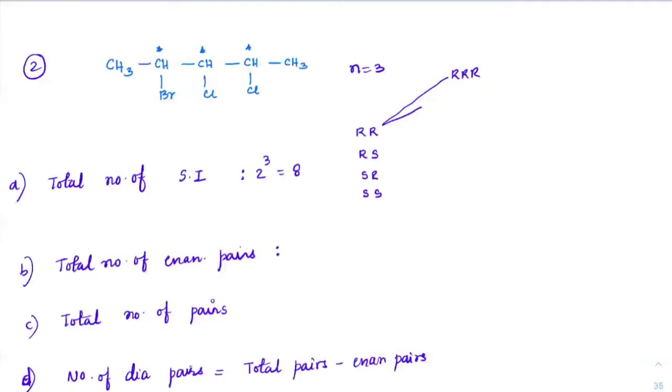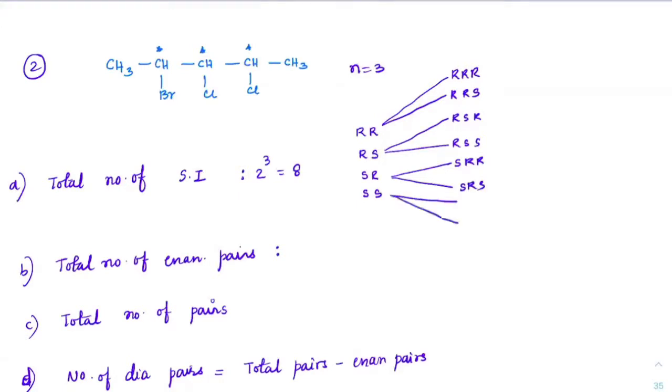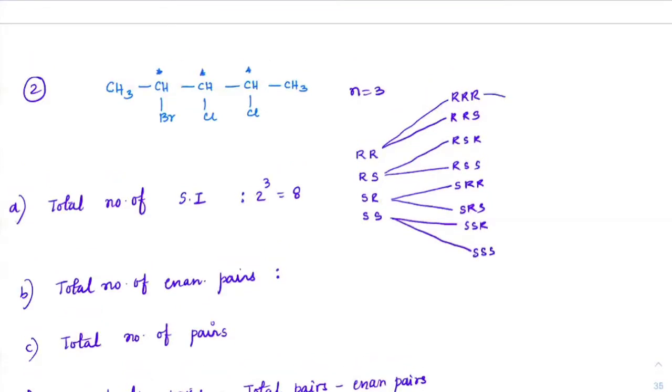Next here, RSR and RSS. Next here, SRR, SRS. Next here, SSR, SSS. Why I'm writing this way is so that I can match it easily.